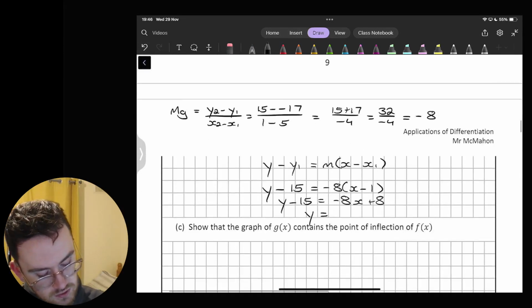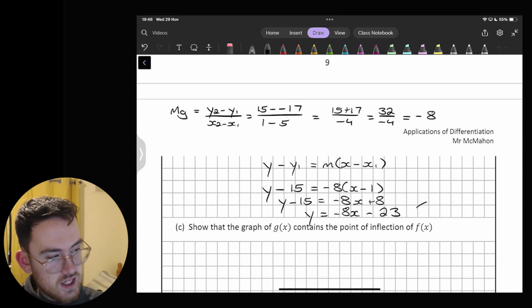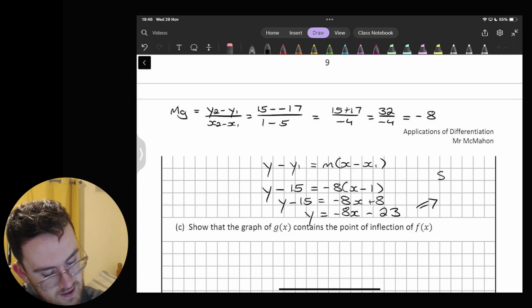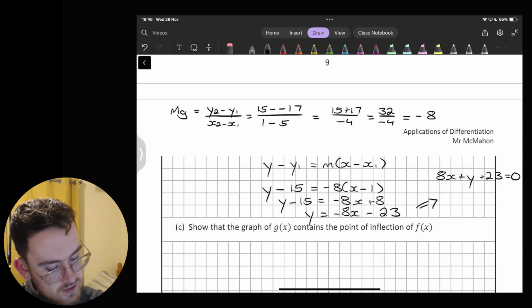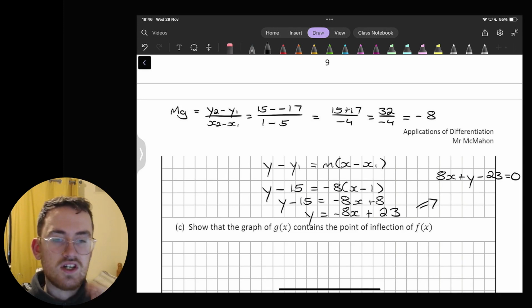We weren't given a particular form, so we just write it in this form: y equals minus 8x plus 23.